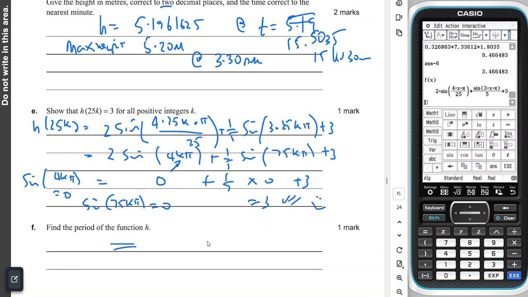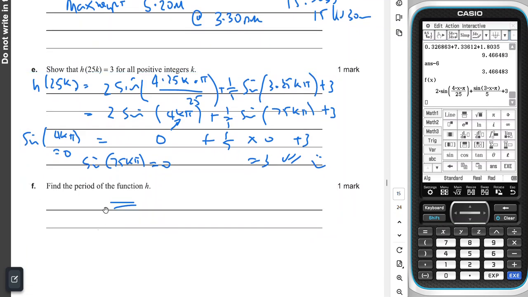Find the period of the function. Okay, so the period of each of them separately. If I'm looking for the sine of 4 pi x on 25, the period of this will be 2 pi on 4 pi on 25, which is 25 on 2.